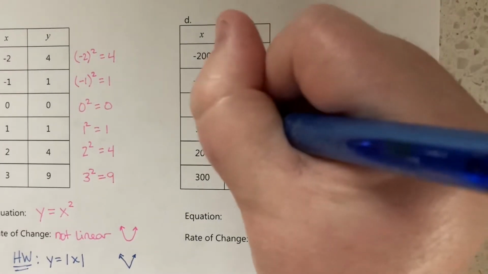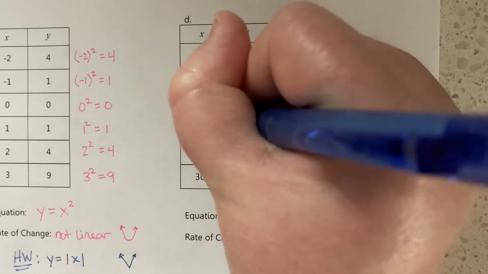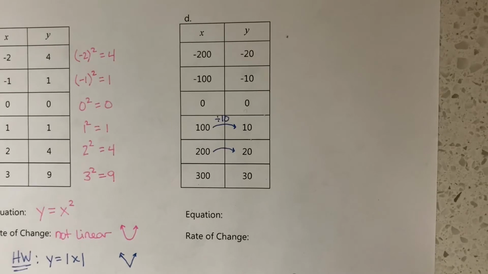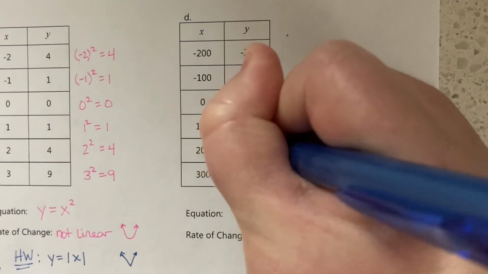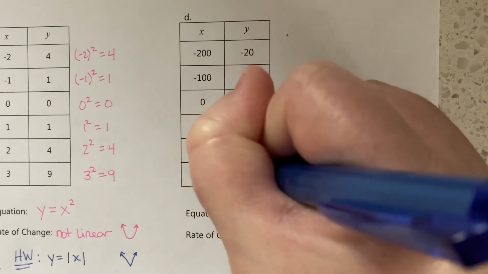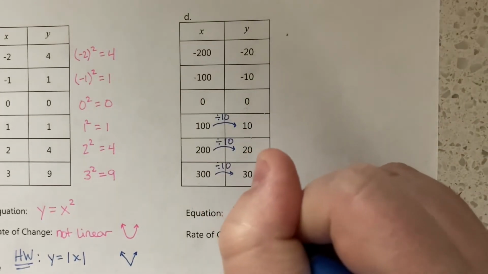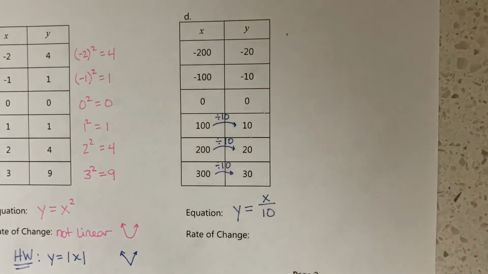One way to take off a 0 is that you can divide by 10. Well, let's actually write the equation first. It seems like the pattern is whatever x is, we have to divide it by 10. So I'm going to write y equals x divided by 10.